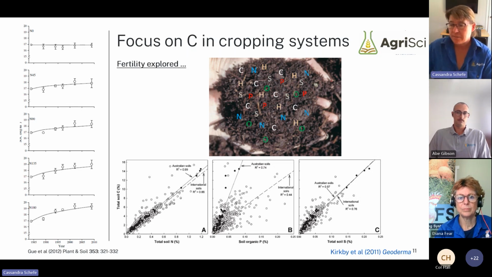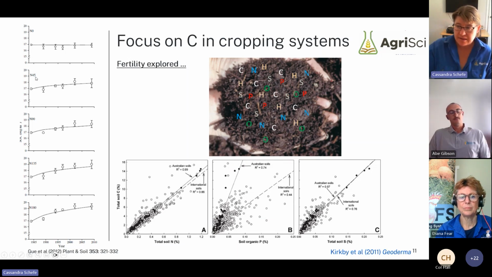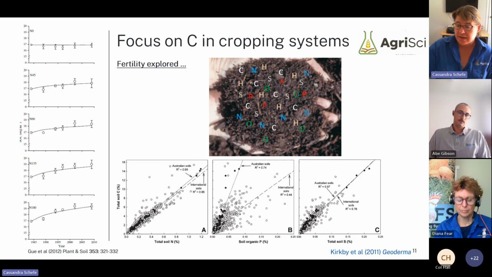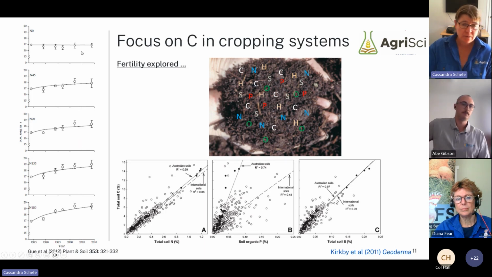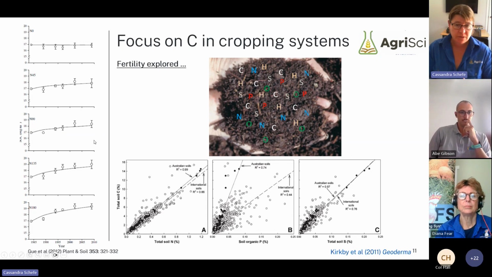Just two of them that I've pulled out: on the left-hand side, going down, some long-term replicated trial work to show that as we increase our nitrogen inputs, which is the N numbers from N0 up to N180 in a cropping system, and we do that consistently over time from 1985 through to 2009, as we increase our nitrogen inputs, our soil carbon values, which is the y-axis, increase significantly compared to what's going to happen in our low nitrogen input systems. So it's clearly showing that relationship between nitrogen and carbon.